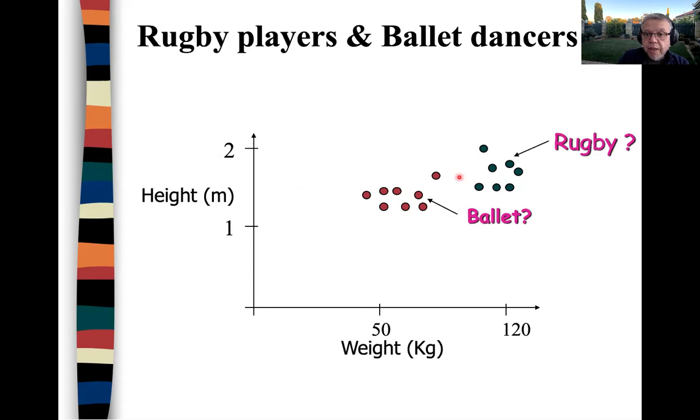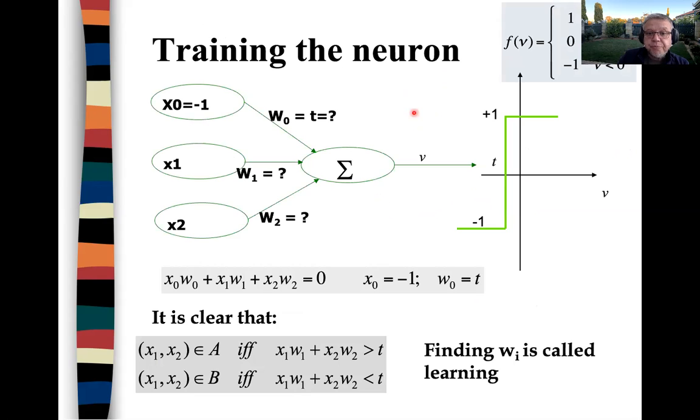So you would be able to find in this two-dimensional feature space a decision boundary, a line which separates the two classes, rugby players from ballet dancers. You can do that by training a neuron.